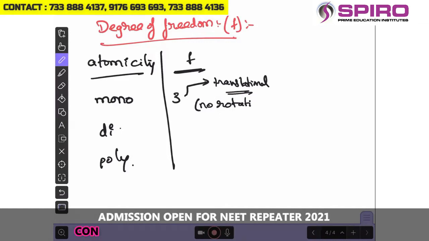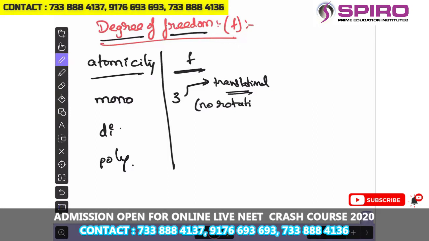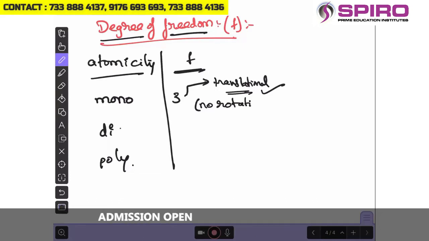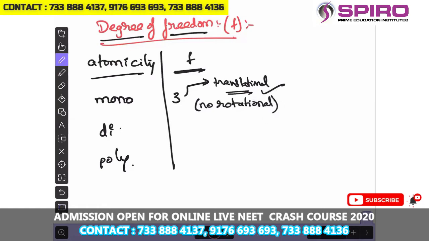What exactly is the degree of freedom? The number of possible ways in which an atom or a molecule can possess energy is called the degree of freedom. Only by translational motion does the molecule possess energy in the case of the monoatomic gas. That's why there are no rotational degrees in the case of monoatomic gas.